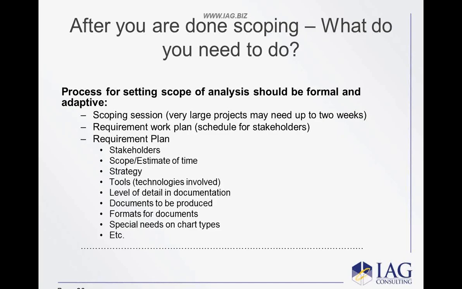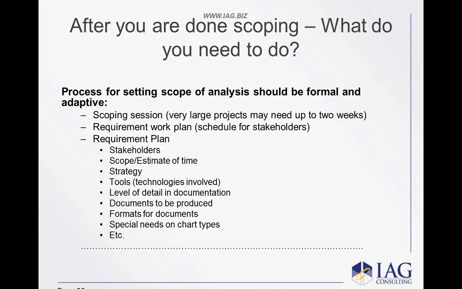And this is always going to be formal, but it's adaptive, because if you're dealing with a little $1 million thing, you know what, you're not going to have a lot of fidelity in the plan. You're going to have maybe a page of information on what it is you're going to do and how you're going to do it, all that sort of stuff. But if you're dealing with a $60 million, $70 million, $80 million project, which we are oftentimes doing at IAG, this has got to be clear because you're coordinating somewhere between 100 and 300 stakeholders.